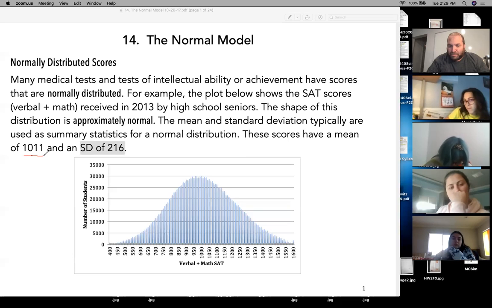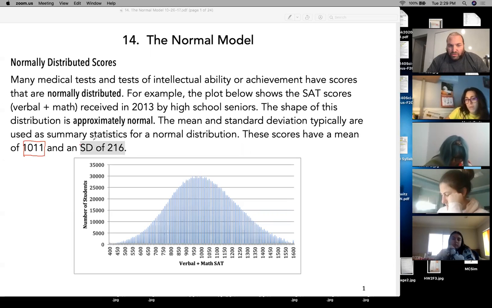Yeah, where's the balance point for this distribution? Where would you put your finger underneath it for it to be in balance? Roughly where? About 1,000, right? So they're telling me that it's actually 1,011, but certainly roughly in this area somewhere, correct?